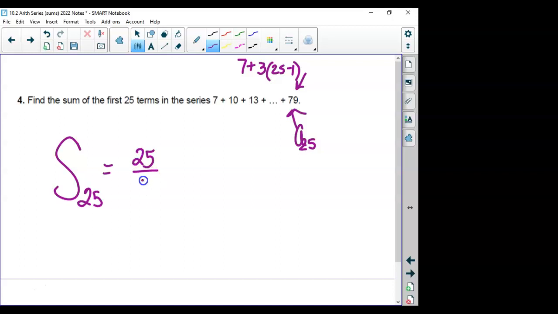What's a sub 1? 7. And what's a sub n? Or a sub 25 is 79. I got 1075.